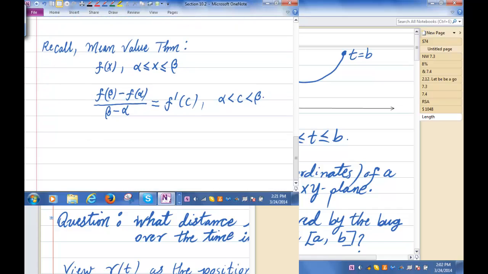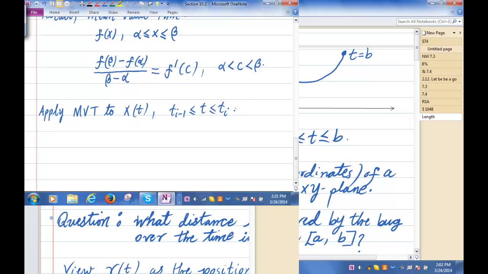Okay? So apply the mean value theorem to x of t for t between t i minus 1 and t i. So if I apply the mean value theorem to x of t for that interval, what do I get?